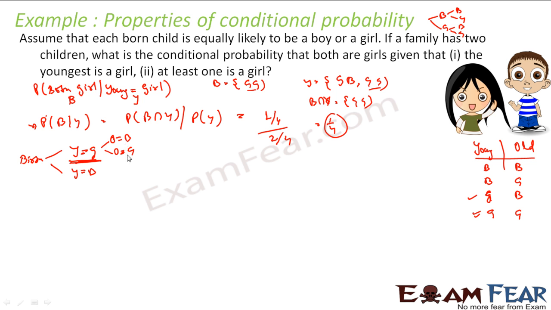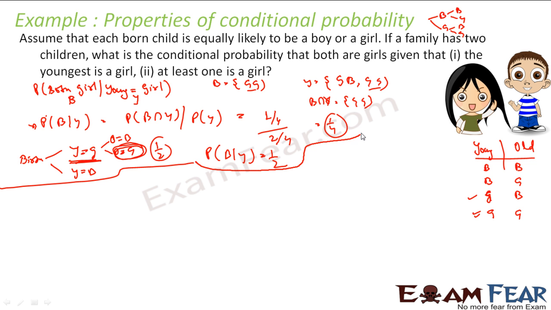In that case, I have only 2 options, and I have to find the probability where both are girls. Both of these are equally likely, so each has 1 by 2 probability. So by diagram also, the probability comes out to be 1 by 2. Correct? This part is done.